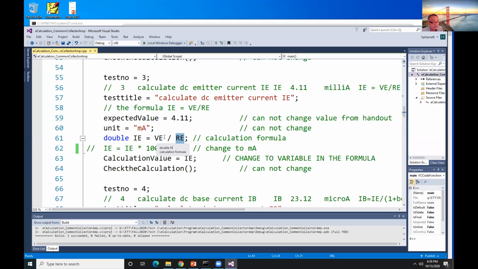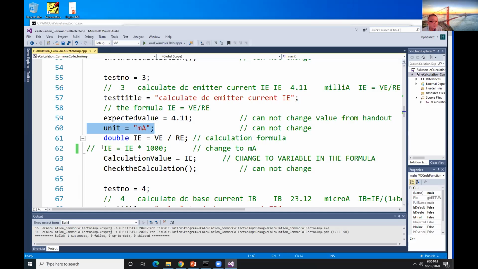VE voltage divided by RE will be in ohms, so the value must be amperes. However, they're asking you for milliamps. That's why it fails.